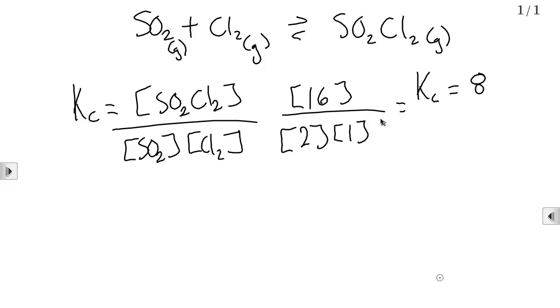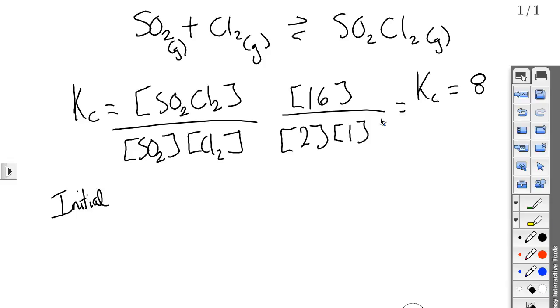If I started out and, let's say, at the beginning of this reaction the initial concentrations were 4 and 12 and 11, I wouldn't get 8 when I put them in there, right? Actually, I'm going to erase initial. It could be at the beginning, middle, or any time.